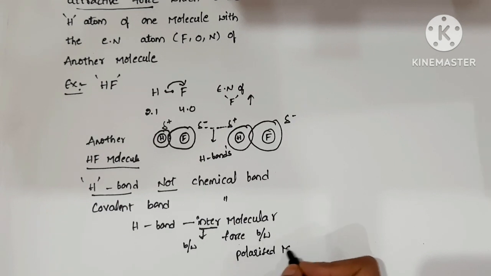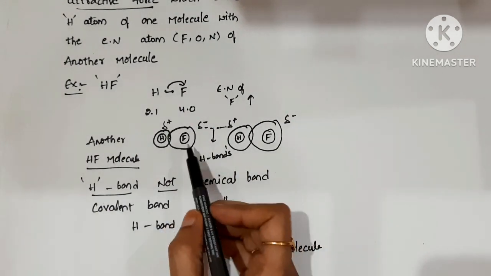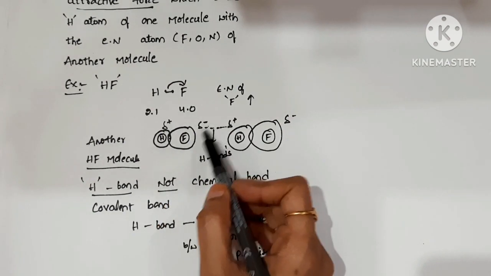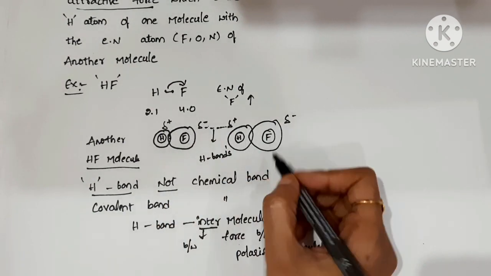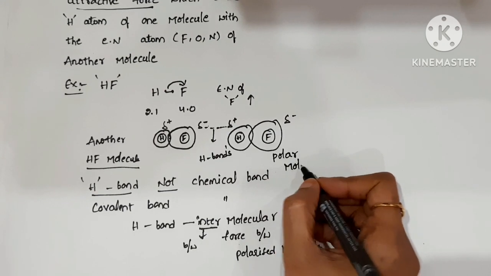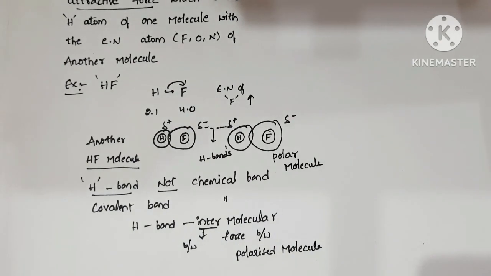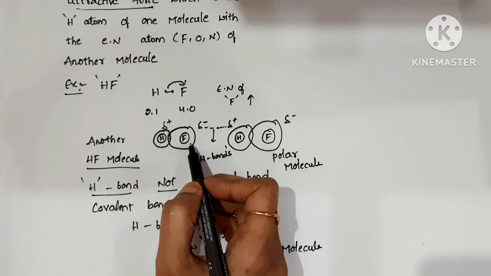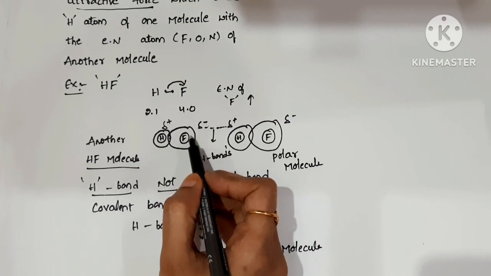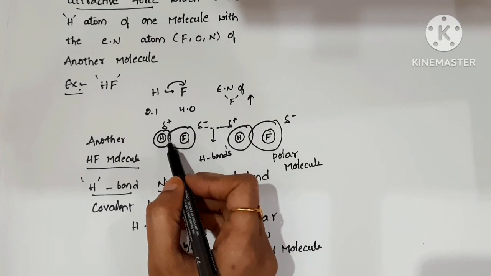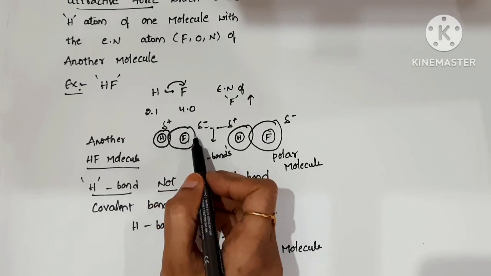So what are polarized molecules? In the hydrogen fluoride molecule a positive pole is formed and a negative pole is formed. That means this is a polarized molecule, also called a polar molecule. Why? Because the electronegativity of one atom is very high, so the shared pair of electrons shifts towards it.